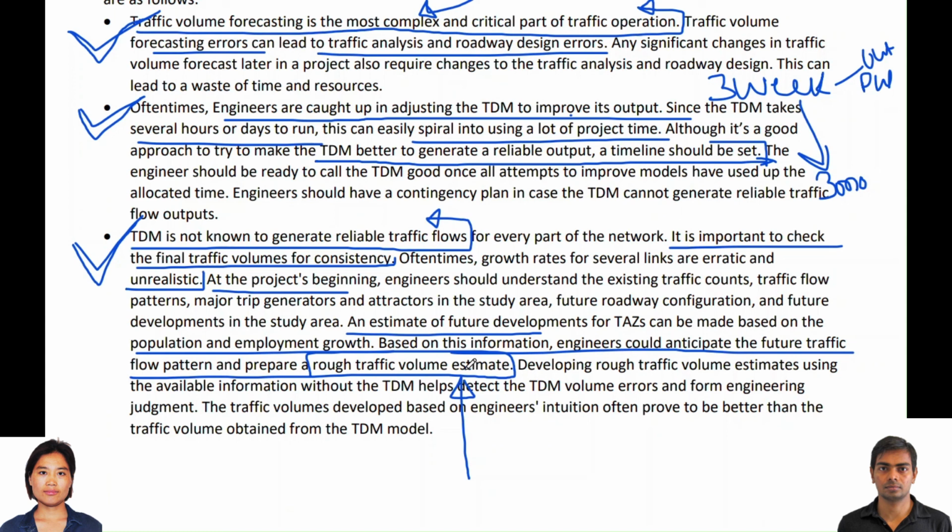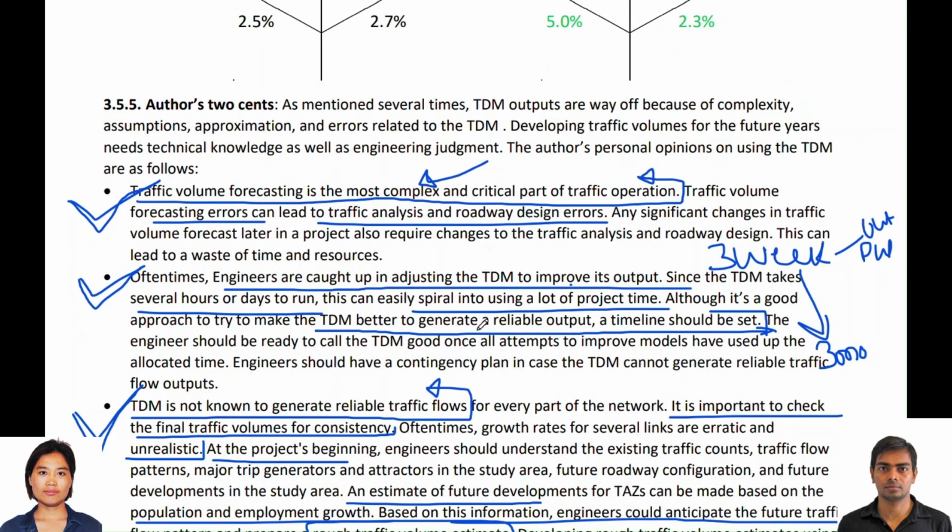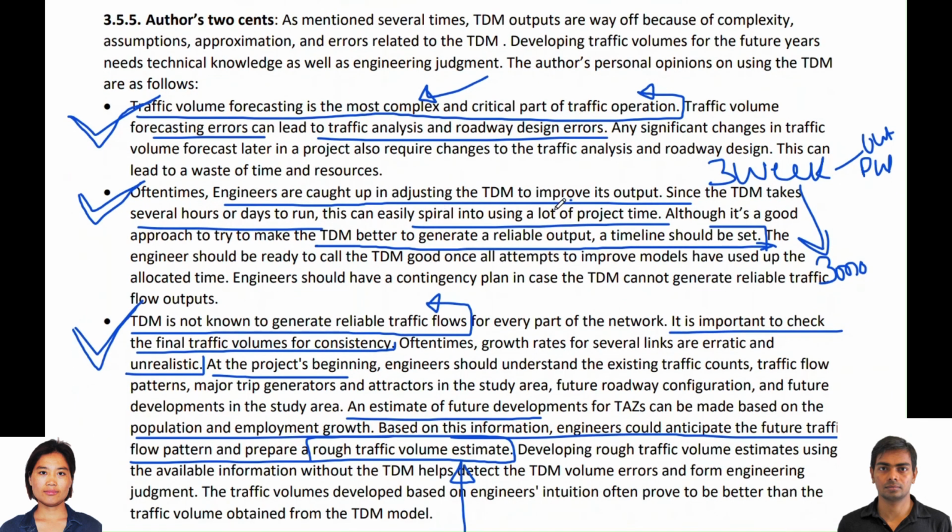It's some lessons learned we wanted to share. The first one is TDM being very important but very complex. The second one is not getting caught up in a spiral of trying to fix TDM models. We should try to do our best, but we should set a timeline. Otherwise, we can spend months and months and not end up with any improvement at all.